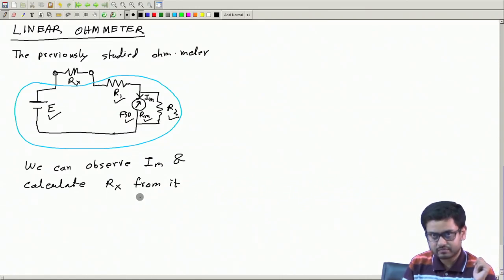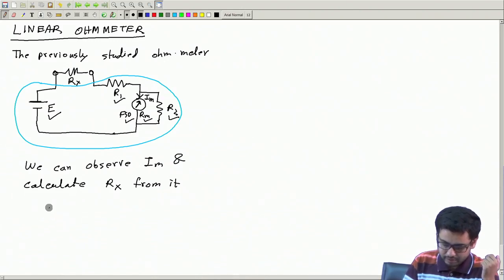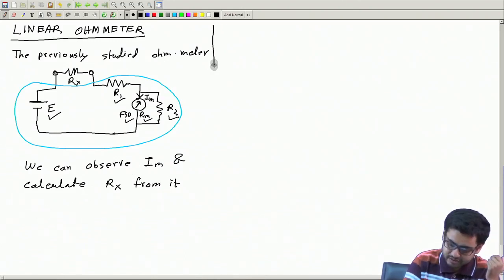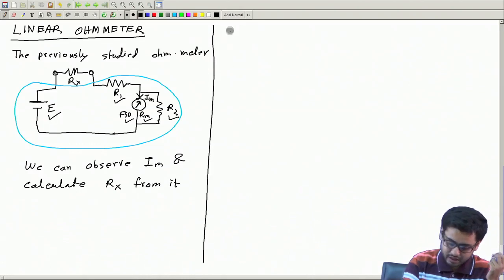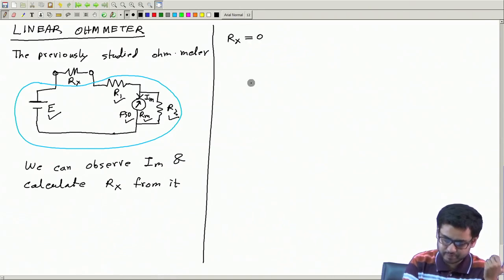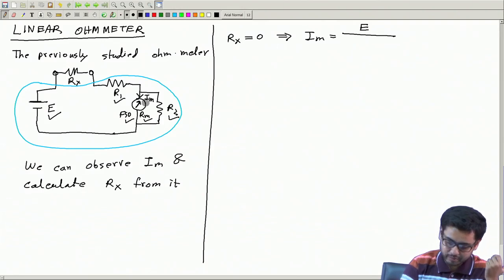Now, this meter was not linear. Why? Let's see what is the current if Rx is equal to 0. If Rx is equal to 0, the meter current is equal to E divided by all these resistances.